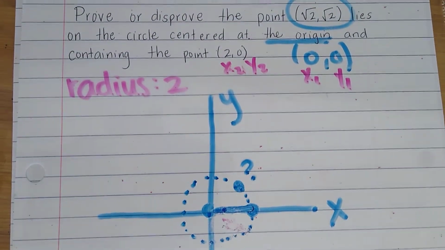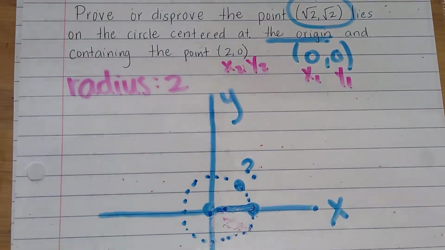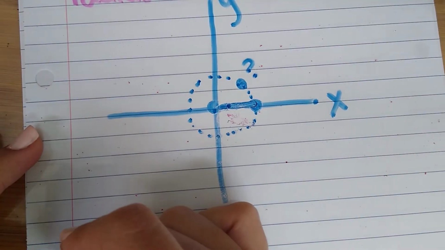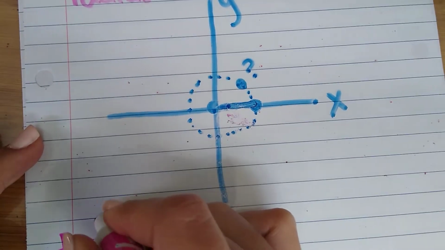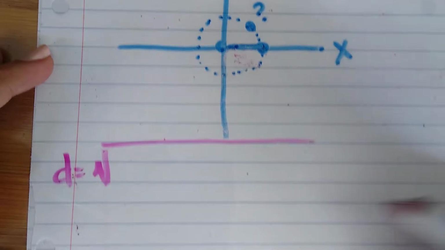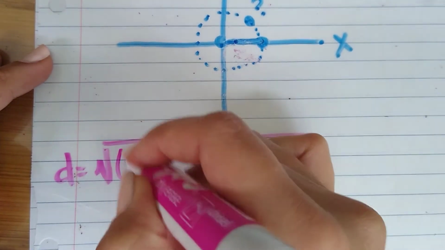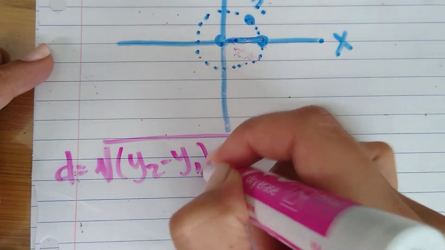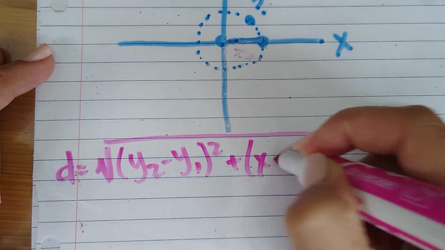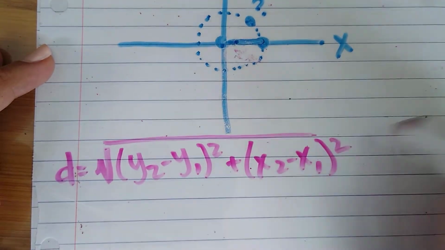So let's go ahead and redo the distance formula. Here again, y2 minus y1 squared plus x2 minus x1 squared.